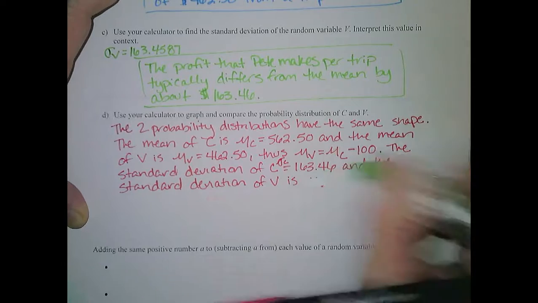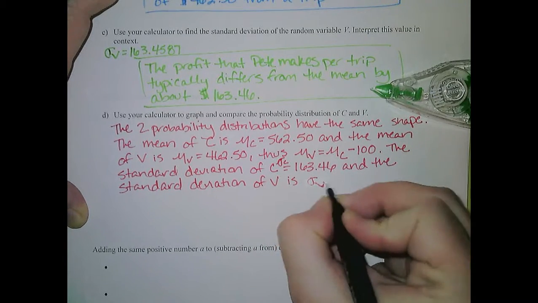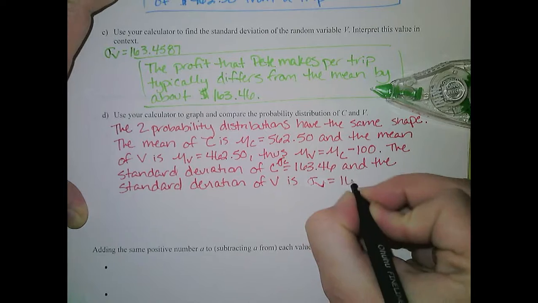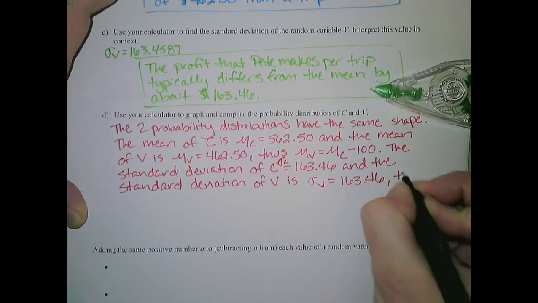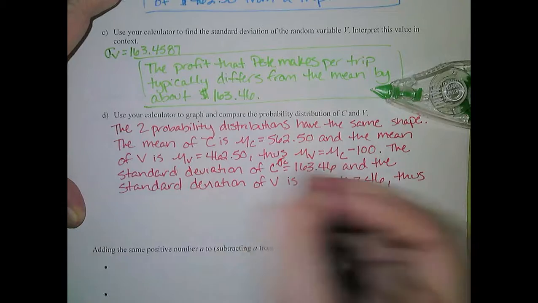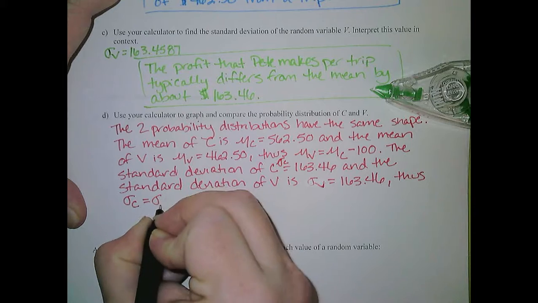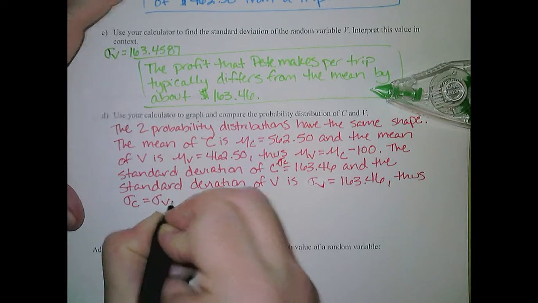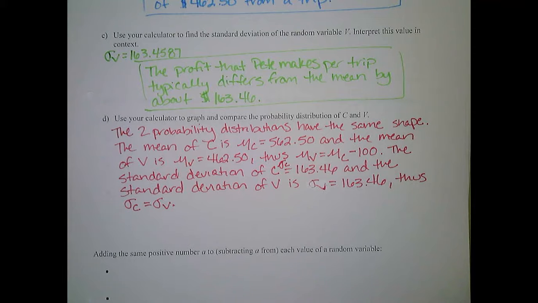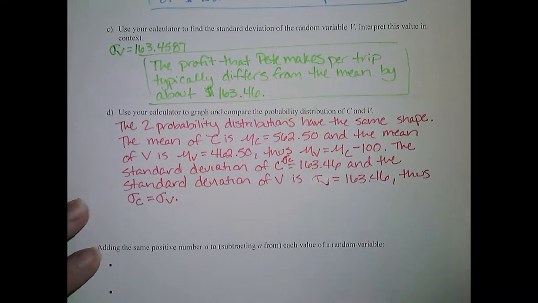The standard deviation of V, sigma of V, was also 163.46. Thus, there was no change to the standard deviation. In other words, the standard deviation of C is equal to the standard deviation of V. So when we subtracted that constant, 100, the shape of the probability distribution wasn't affected. The mean, however, was. It was decreased by that same amount. But the variation, the standard deviation, was not affected.